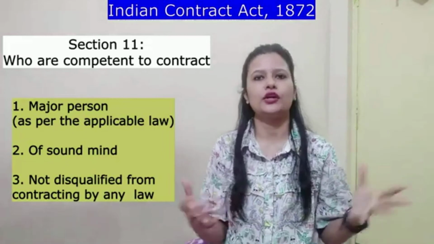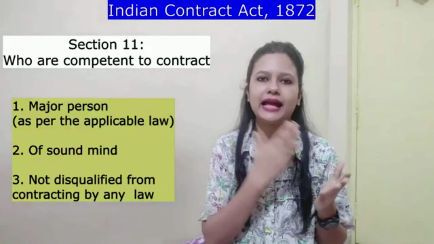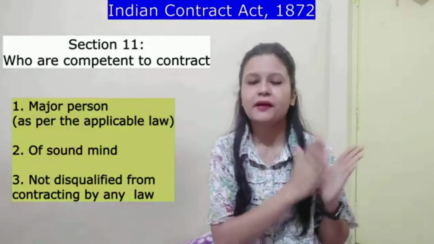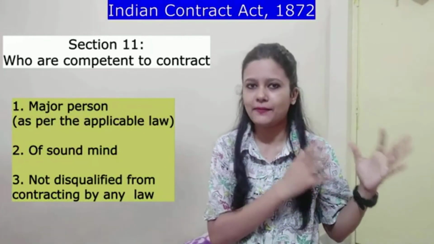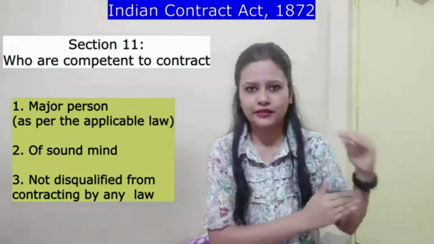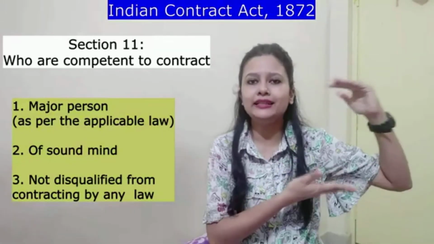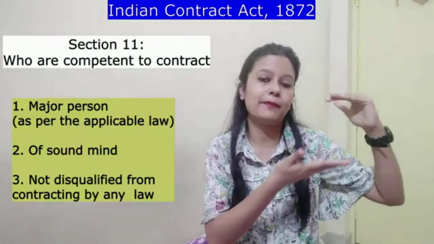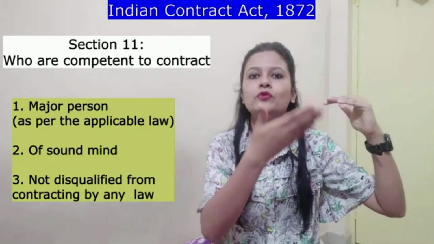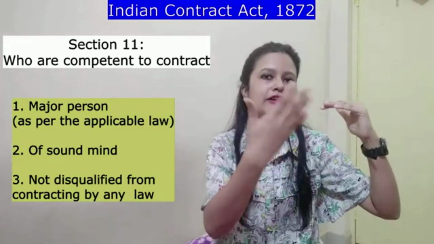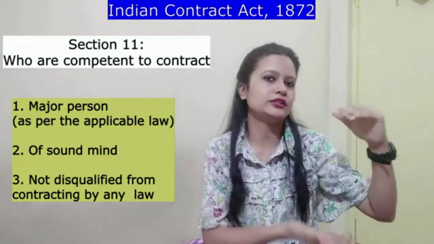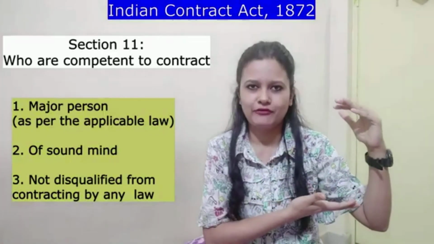It may also mean a lot of other things. Take for example, I am a licensed dealer. I am dealing with some kind of goods or some kind of items. But because I was involved in some kind of corruption, my license got cancelled or it was suspended for a certain duration. Now, during that particular duration, take for example, for 3 months it got suspended. During that 3 months period, I am not entitled to enter into any kind of contracts with other person with regard to that particular product or that particular item with which I was dealing with.